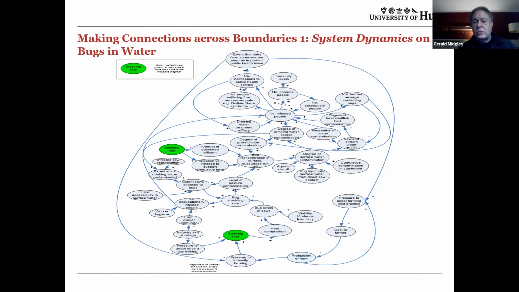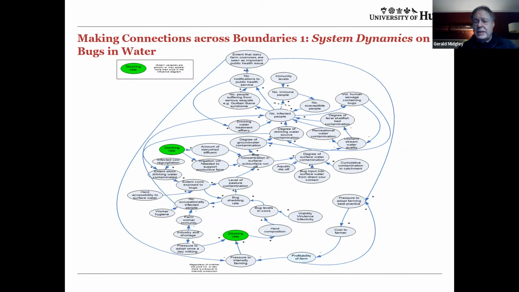So our group was called on not to solve the problem around transmission of Campylobacter, but to help get the sides talking again so that you could have a reasonable discussion about it. And we approached that by working with them on causal loop modeling.